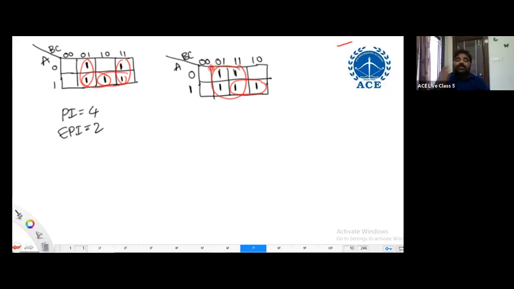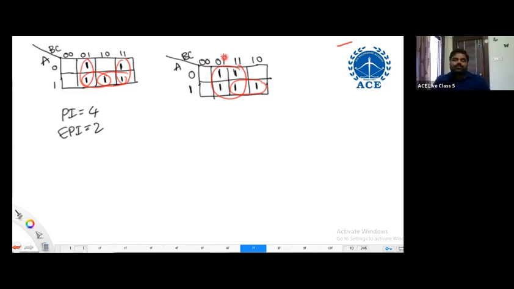When there is a possibility for expansion, it is not a prime implicant. The point should be understood correctly. Don't always use only two-cube groupings. As it is possible for 4, we group 4. If you group these two, there is a possibility of expanding that grouping to a quad, so it is not a prime implicant. You can group, but it is not a prime implicant. Why? A grouping which cannot be expanded is a prime implicant.